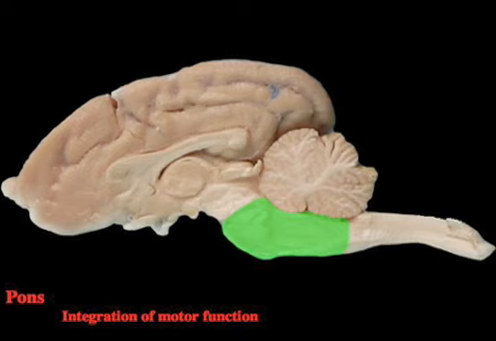So, in the ventral pons, this area here, we have fibres which cross the midline. They girdle the ascending and descending fibres, and they allow the two halves of the cerebellum to communicate with each other. And they integrate motor function across different areas.